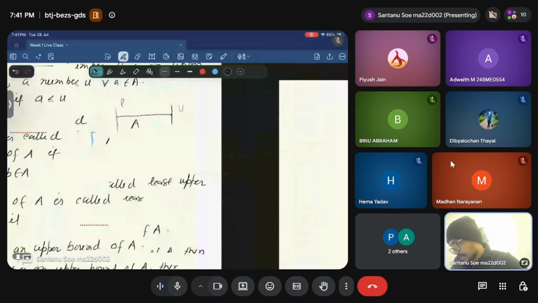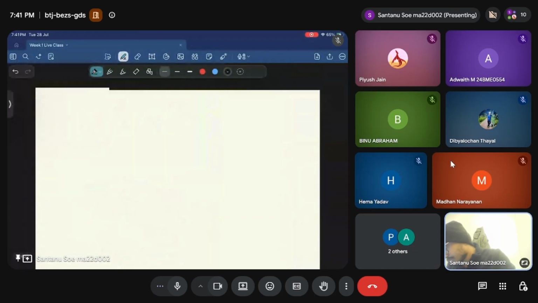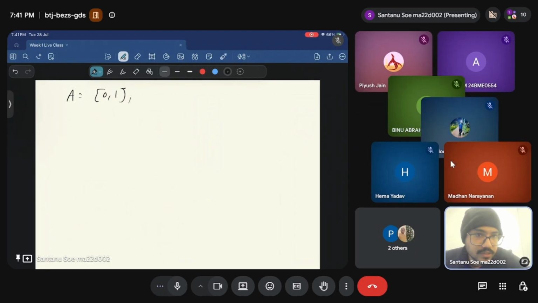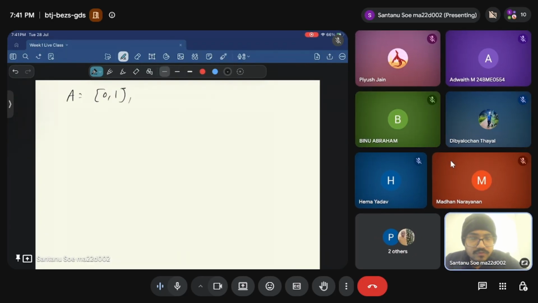So an example would be: let's say A equals the interval closed 0, open 1. Okay, so this is closed 0, open 1. Now can anyone tell me what the least upper bound of A is?